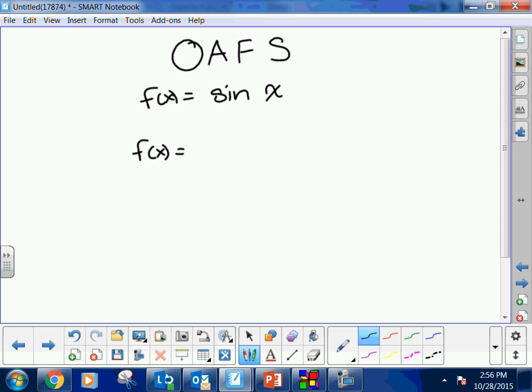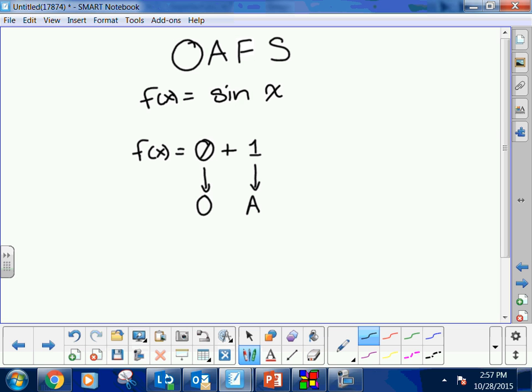Since there's nothing there, that means it's an identity, meaning that it's 0. 0 is the identity for addition. This is the O in OFFs. The A is also not present, which means it's the identity for multiplication, which is 1. So in this case, 1 will be there, and this is my A.